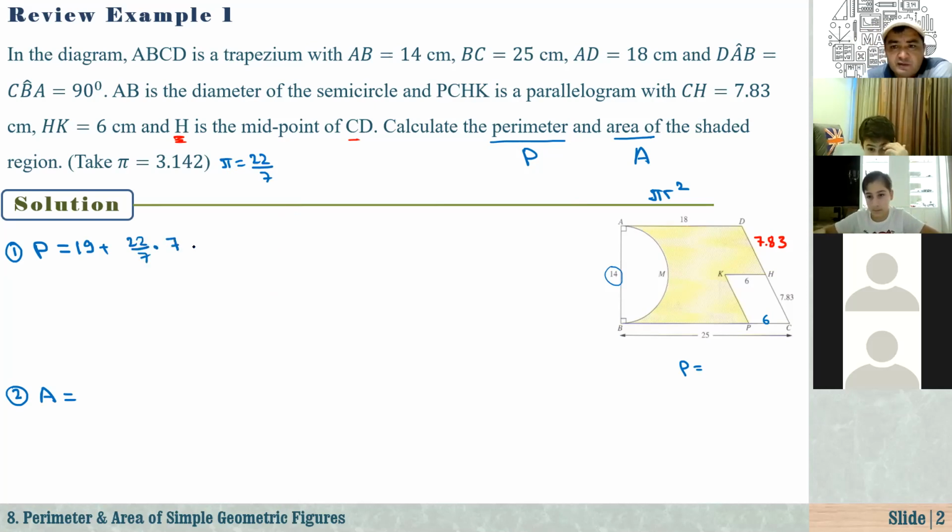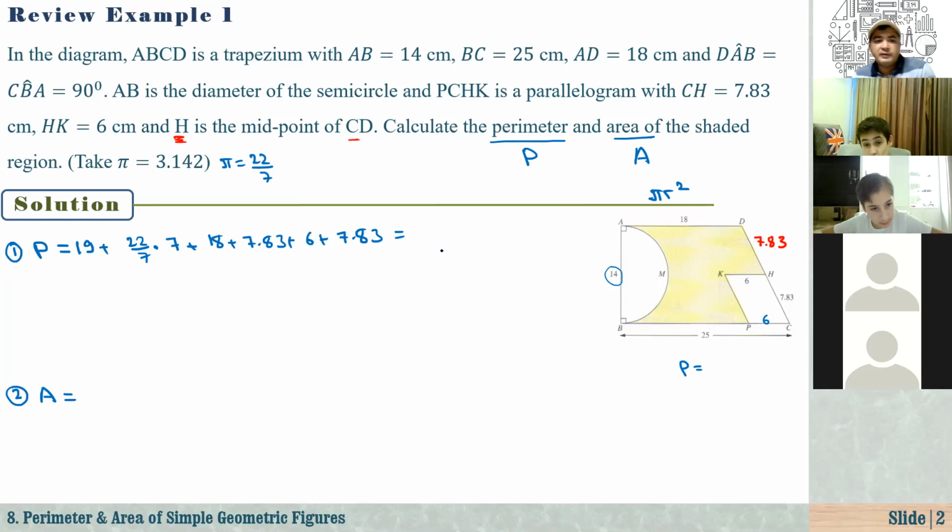R is 7. Plus AD is equal to 18, plus DH, 7.83, plus KH is equal to 6, plus KP, also 7.83. That's it.